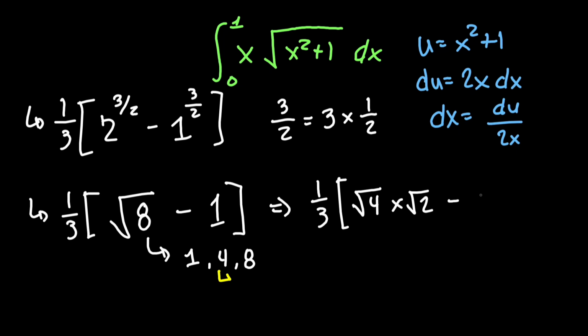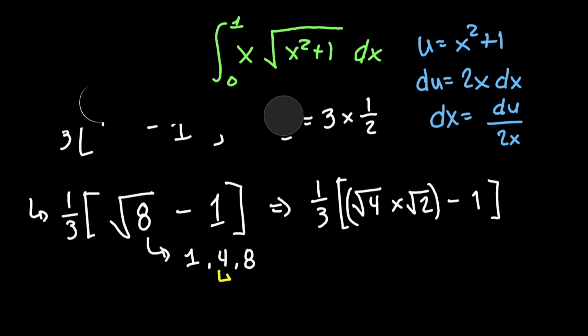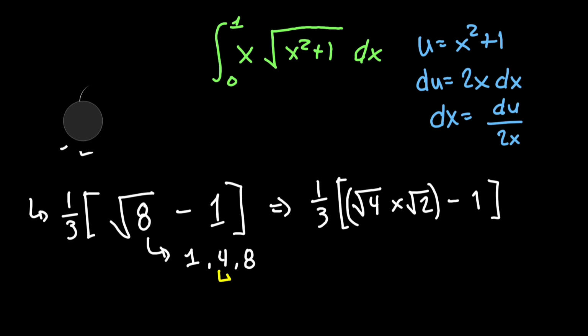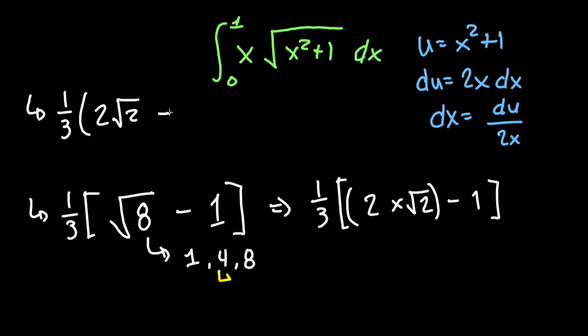And subtract 1. And so, taking the square root of 4, it is equal to 2. So this would be 2 multiplied by the square root of 2, and subtract 1.